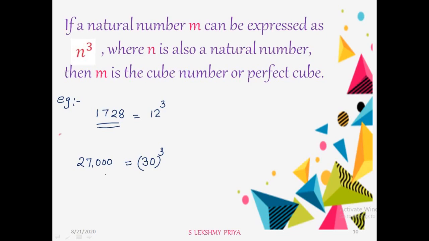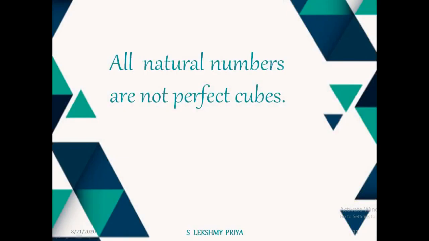Or 27,000 is a cube number or a perfect cube. In the previous table, we wrote all the cube numbers between 1 and 1000. We can find that the remaining natural numbers are not perfect cubes. So, all the natural numbers are not perfect cubes.